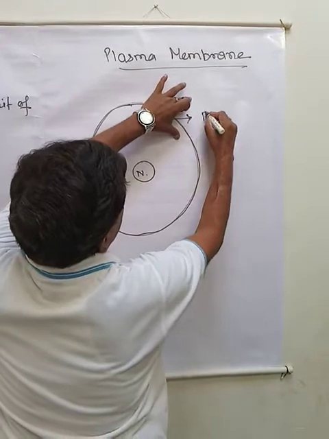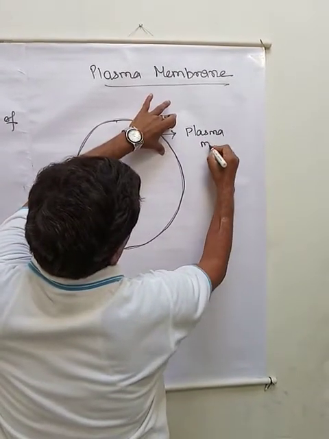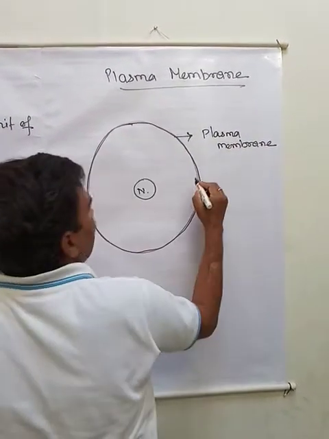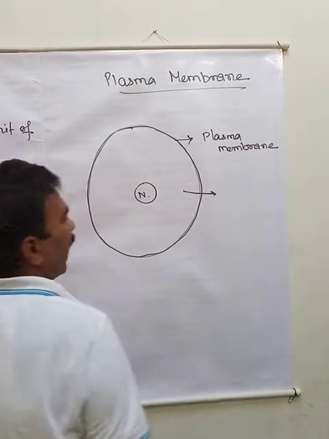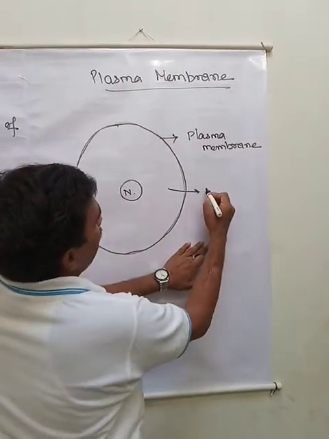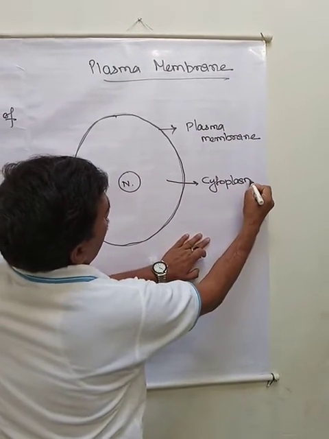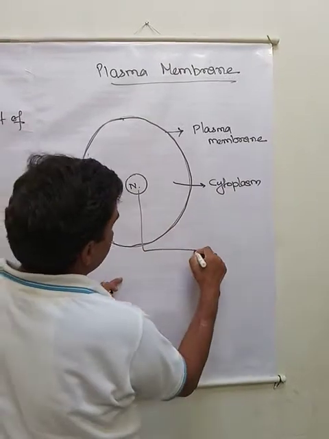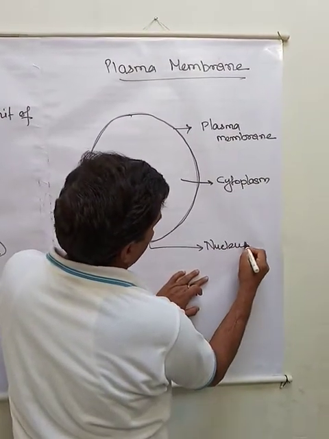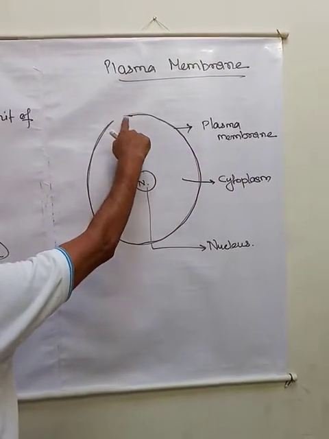This fluid-like matrix, the jelly-like fluid, is called the cytoplasm, and the central portion is called nucleus. Got it?